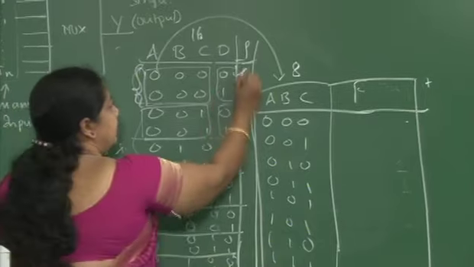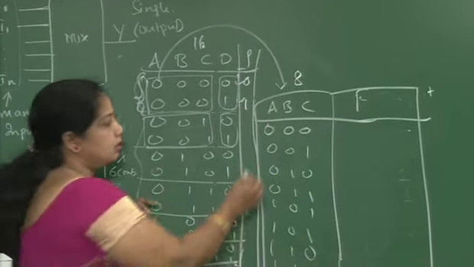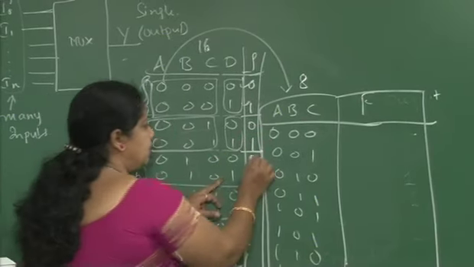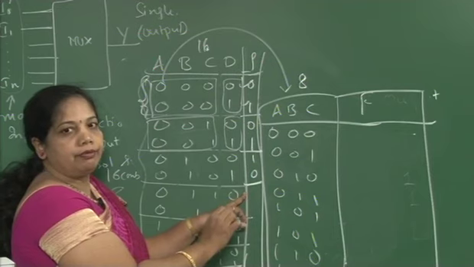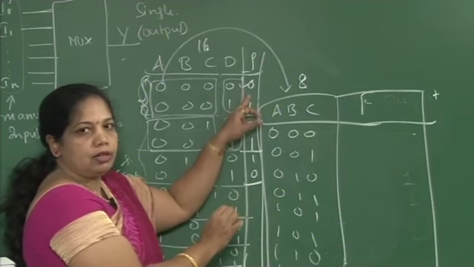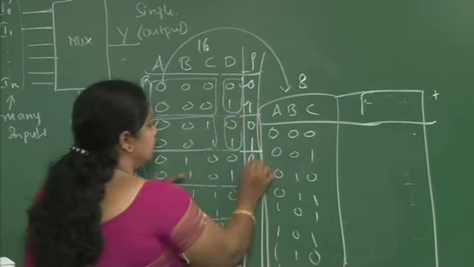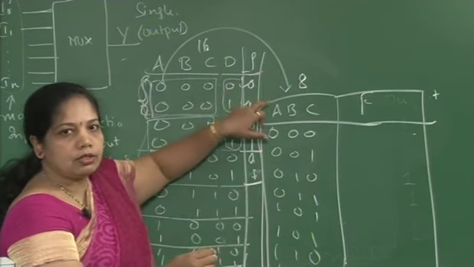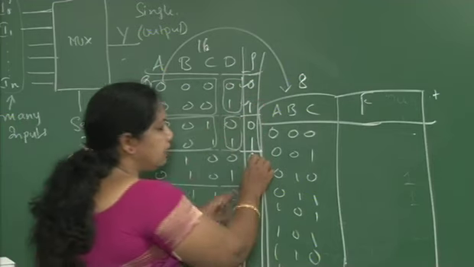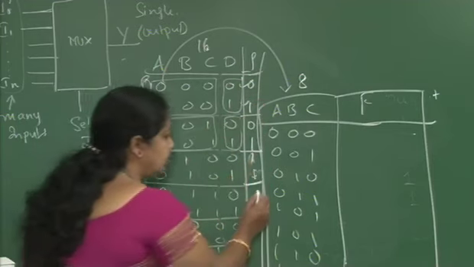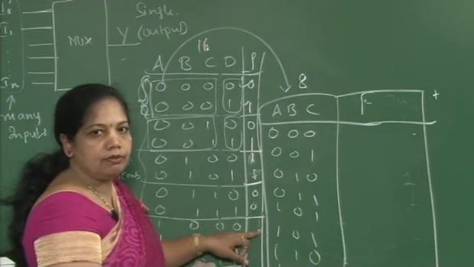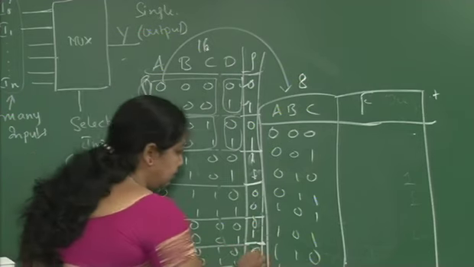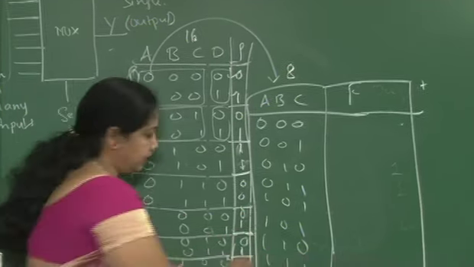In this example my output is 0 1, 0 1, then 1 0, then 1 0, then 0 1, 0 1, then 0 0, then 0 1, then 0 1, then 1 1.